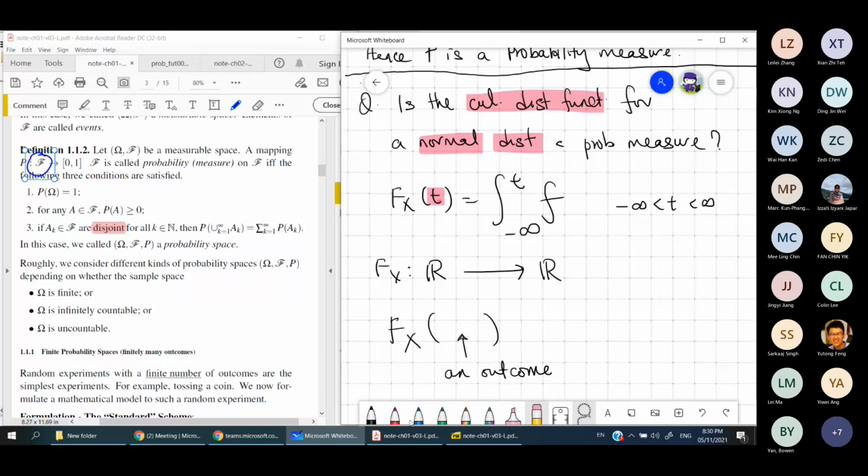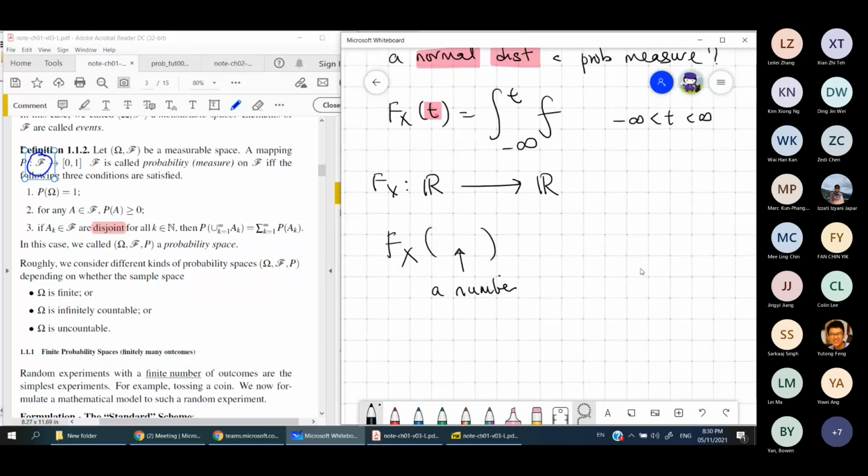Okay, maybe I will say this is a number. Whatever is inside here is a number. But for probability, when you talk about P, what is inside must be a set. So this is a set.